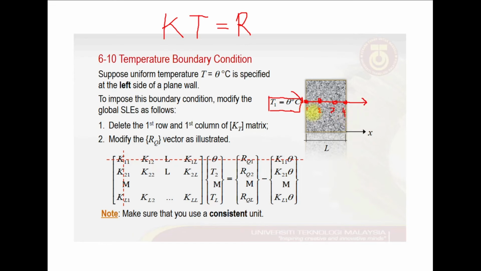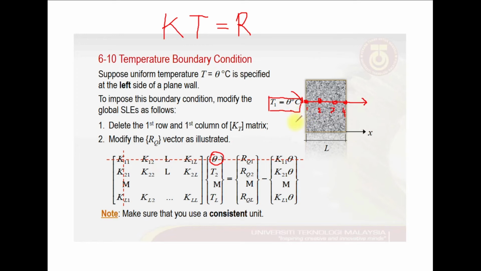So we know that now temperature is applied to node number 1, because we know the temperature T1, so we do not need to solve this equation anymore. So what we can do, we can eliminate the column and row that refer to node number 1. So what is left here is all the coefficients, the unknowns and the known values for the R here for all nodes other than node number 1.